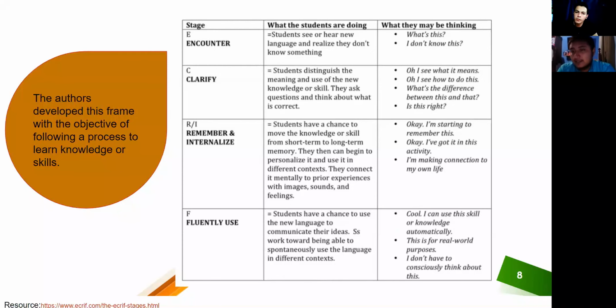It says there, students have a chance to move the knowledge or skill from short-term to long-term memory. They can begin to personalize it and use it in different contexts. They connect it mentally to prior experiences with images, sounds, and feelings. They start connecting all this new knowledge with the knowledge that they have.